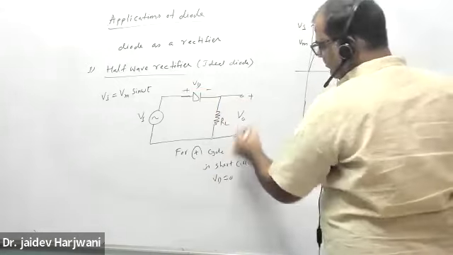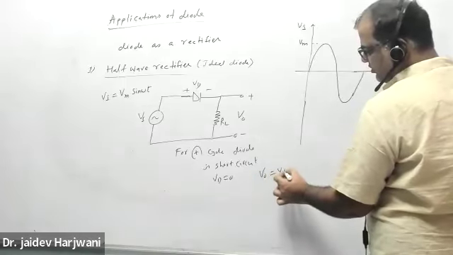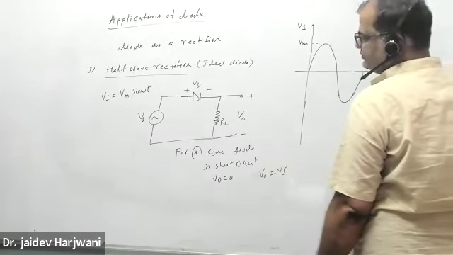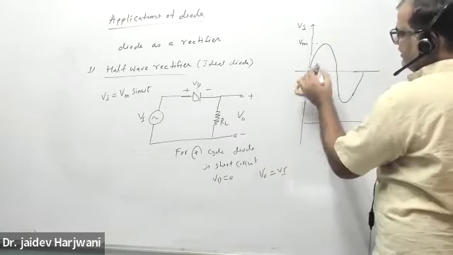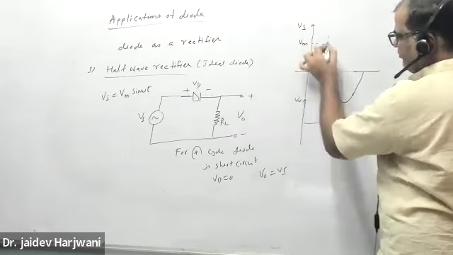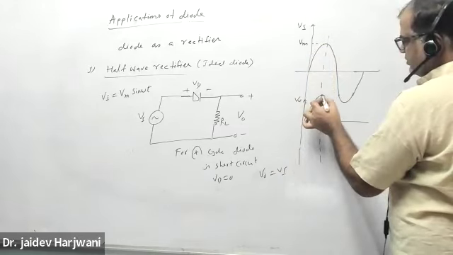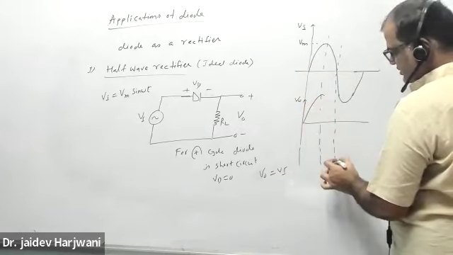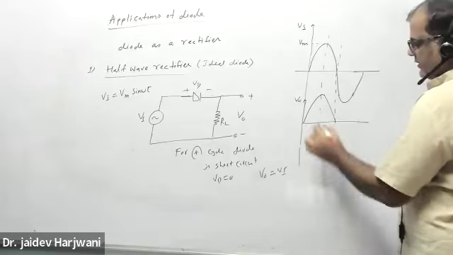So your V naught will be equal to V input. Yes or no? And V input is this one. So for positive cycle, your V output will be exactly like your V input. This is your V output. It will be same like your V input. Nothing changed.